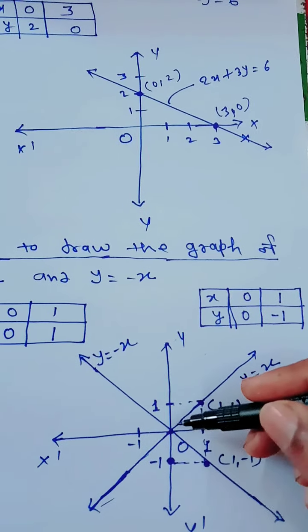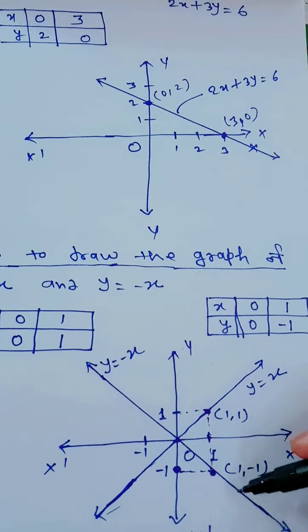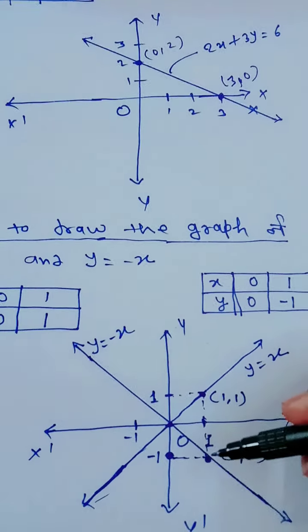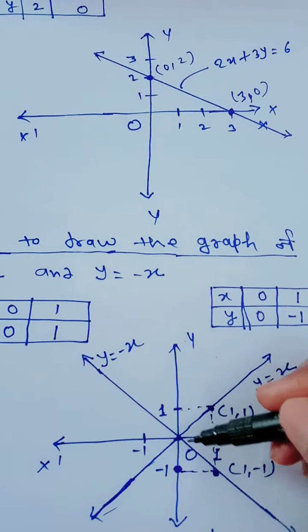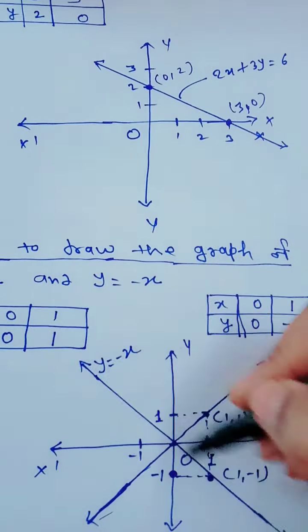We will join these 2 points, the origin and (1, minus 1), to get the graph of y equals minus x, and we have extended this graph towards both sides.